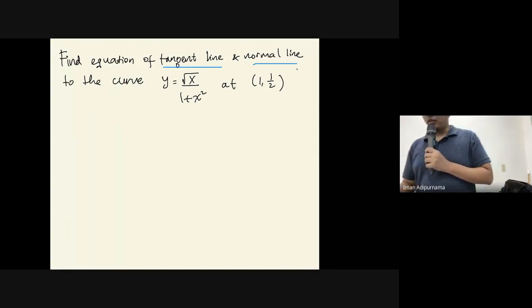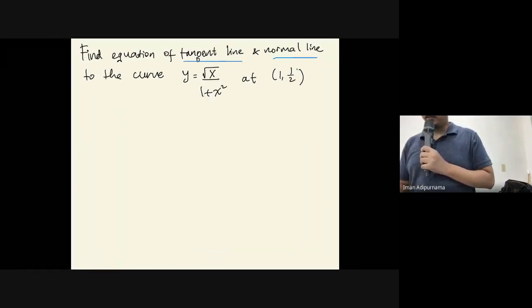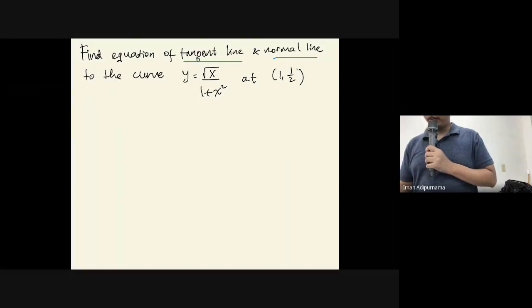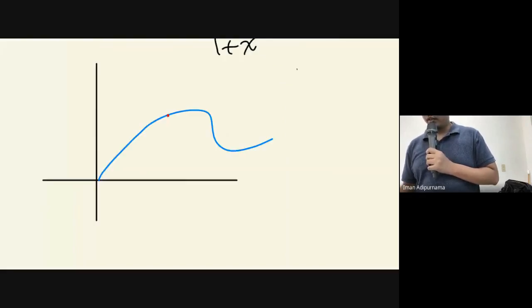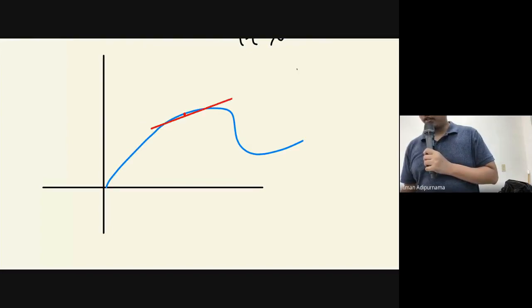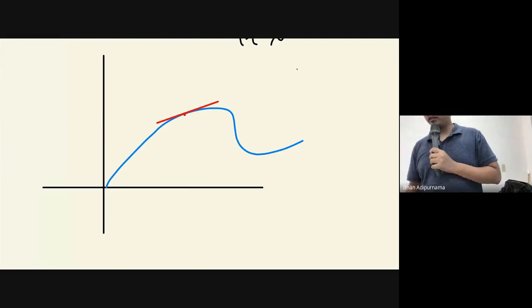Tangent line, as you remember, if you have just random functions like that, your tangent line can be at any point here as long as it is continuous. For example, if your point is here, this red dot, maybe your tangent line looks like that.